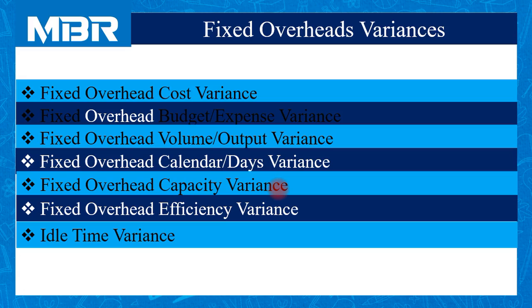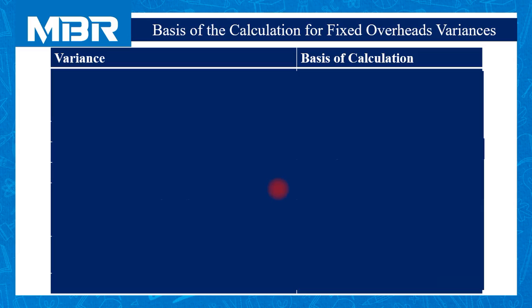Now, after discussion of all 7 variances, I would like to explain the basis of the calculation. At this point of discussion, I would like to put to your notice that the calculation of all 7 variances is based on different rates or different recovery rates, because we can calculate everything on the basis of specified items given by the examiner.